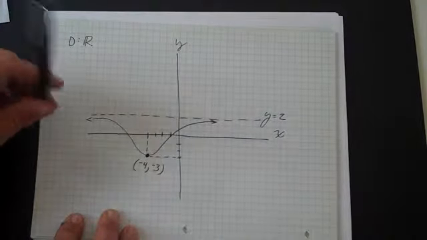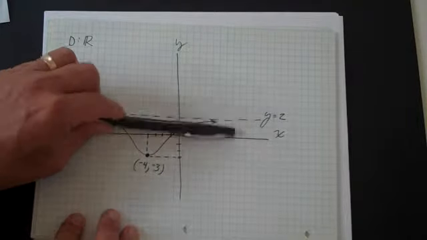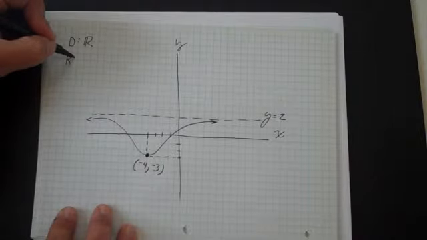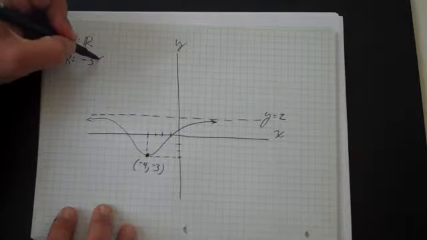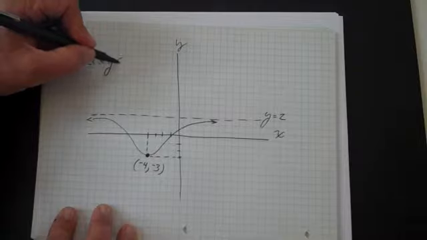So if you notice, y can be everything between negative 3 and positive 2. It can be minus 3, but it cannot be positive 2.